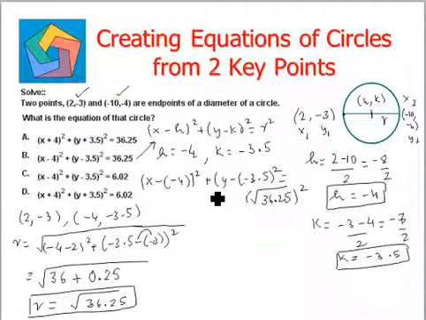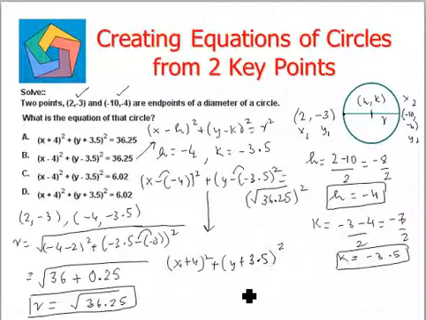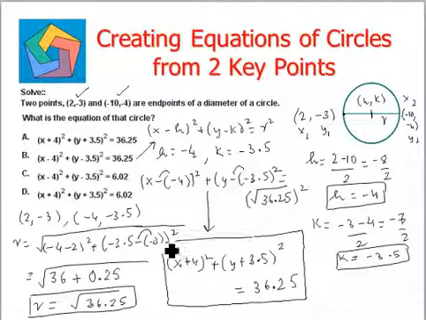So simplifying it further, we get x, negative times negative is a positive, plus y, negative times negative is a positive, equals square root of 36.25 is nothing but 36.25 itself. So this is our final equation of the circle and can be seen in option A.